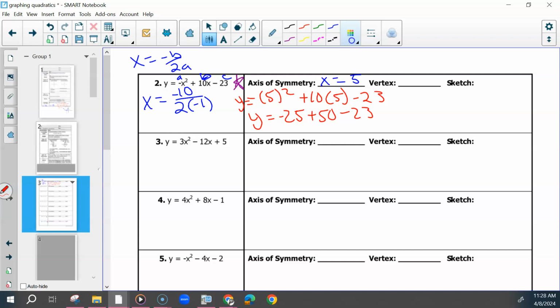What is y? 2. So our vertex would be (5, 2), and then go ahead and draw in your rough sketch.